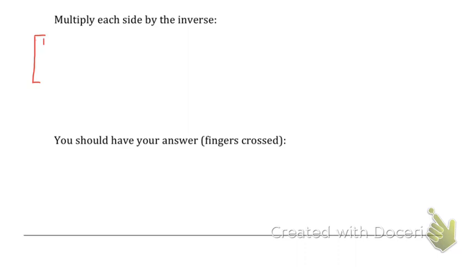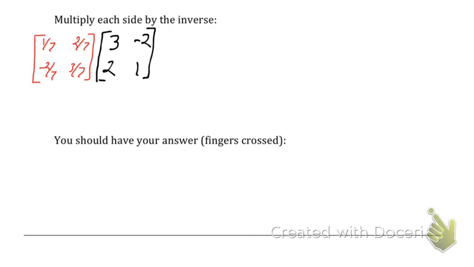So we're going to have that 1 over 7, 2 over 7, -2 over 7, 3 over 7. We are going to multiply that by the whole left side. So that's going to be times that matrix 3, -2, 2, 1, times that x, y.